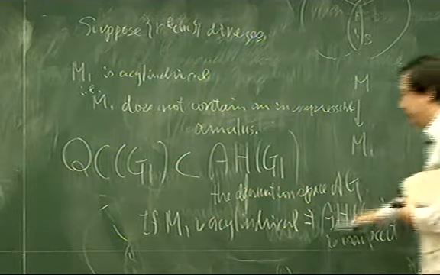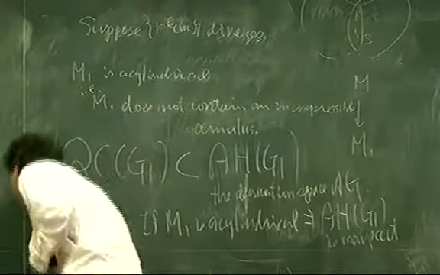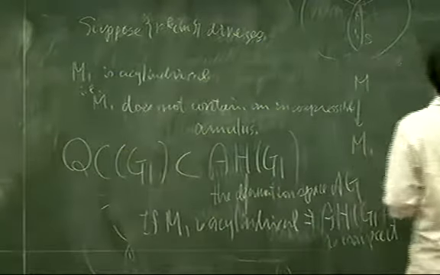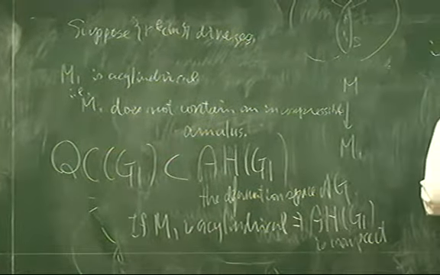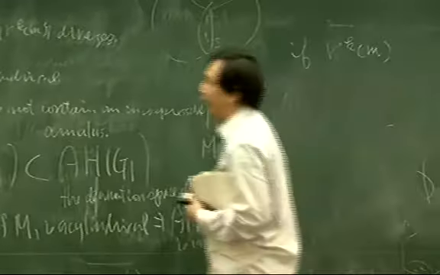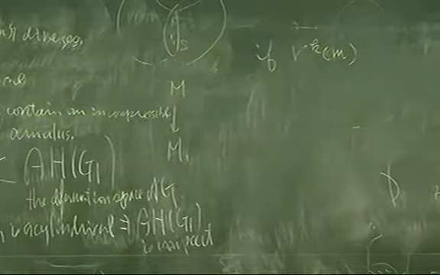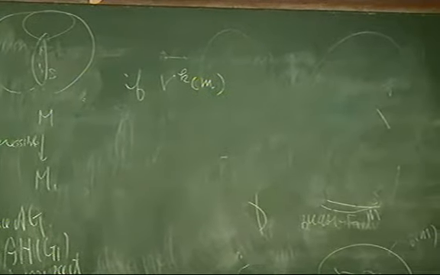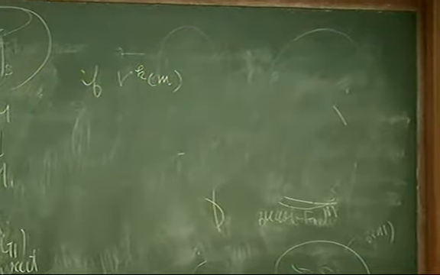And what Thurston showed is that if R^k M, or what's the name of the map? I haven't defined the name of the map, but that should be QC.